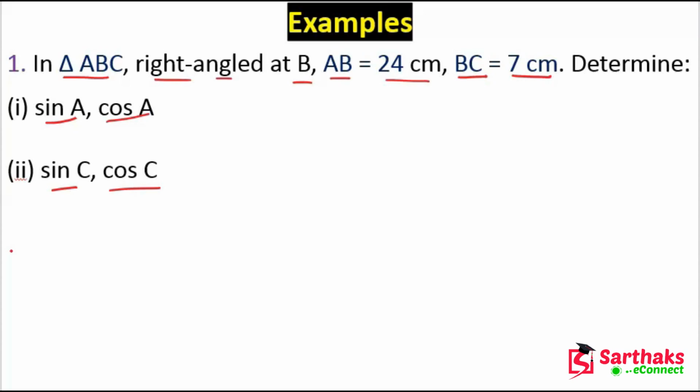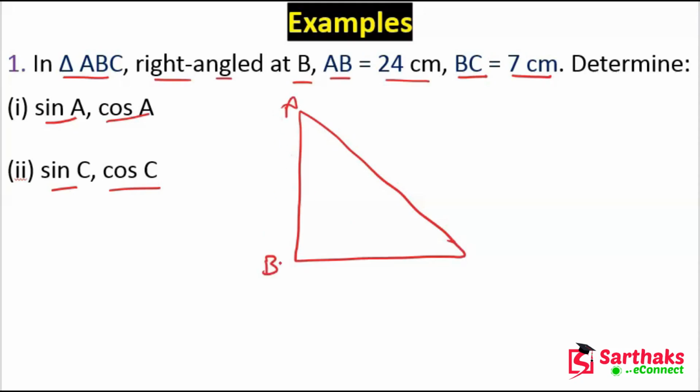First of all, let's suppose we have a right angle triangle like this, A, B and C. This is the perpendicular. Now we know AB is 24 centimeter, BC is 7 centimeter.